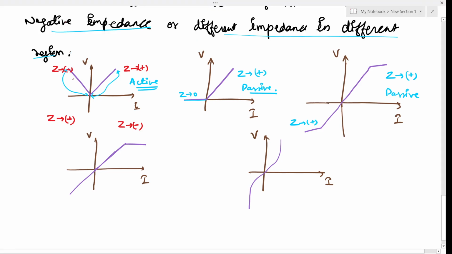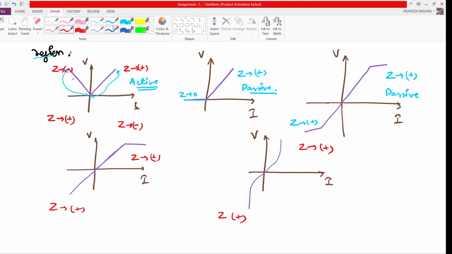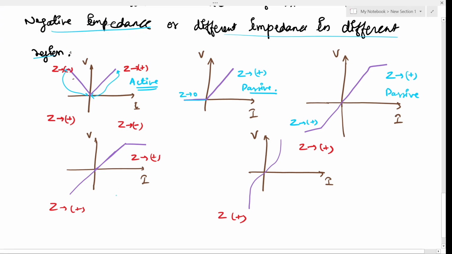In this situation also, this one is positive, in this case it is also positive, in this case it is also positive, in this case it is also positive. In all these situations, this is offering the same impedance in all directions, meaning positive. That's why this characteristic will be for a passive element.